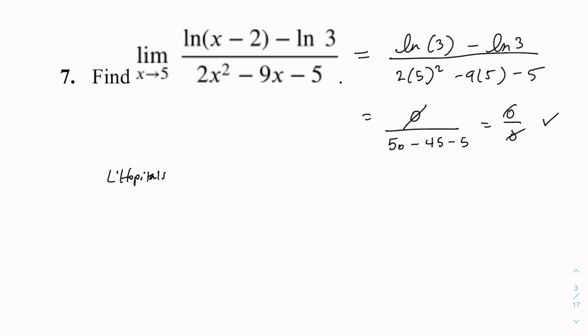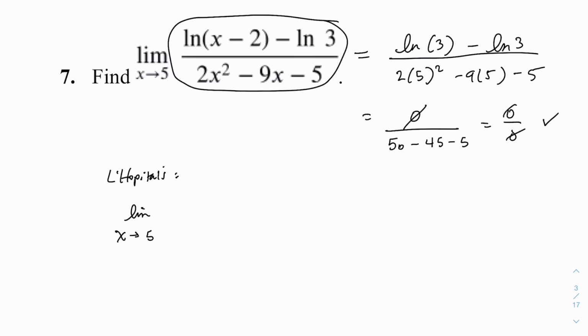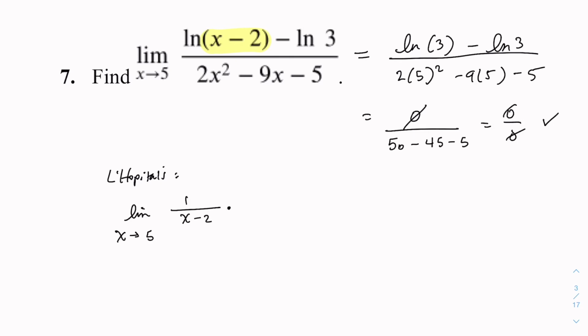Don't forget to write the limit first. So the limit as x approaches 5 of this function is the same as the limit as x approaches 5 of, let's take the derivative on top. Now the derivative of natural log of something is 1 over that something times the derivative of the inside expression, which is just 1, minus.